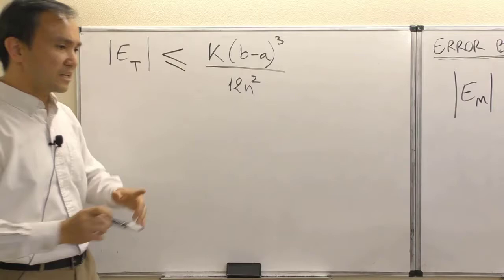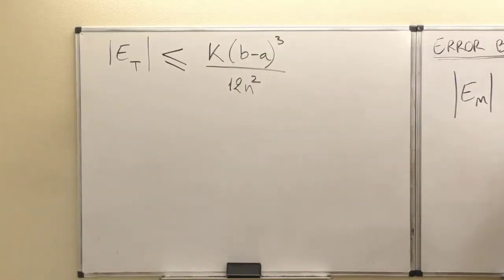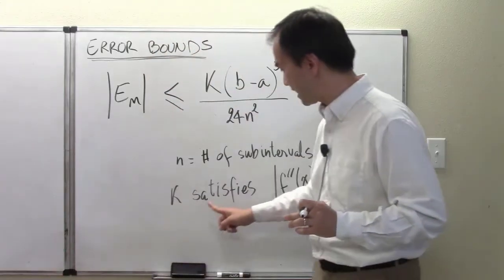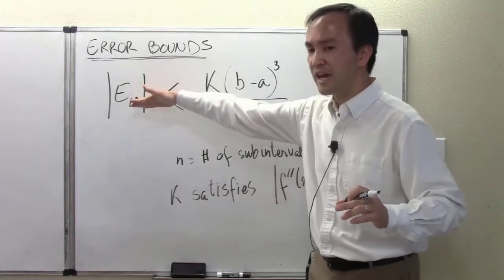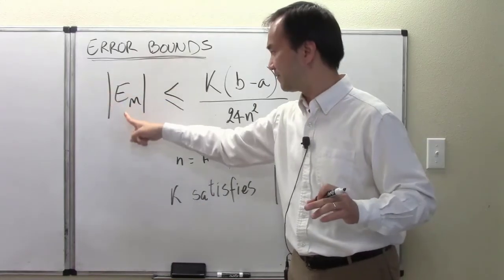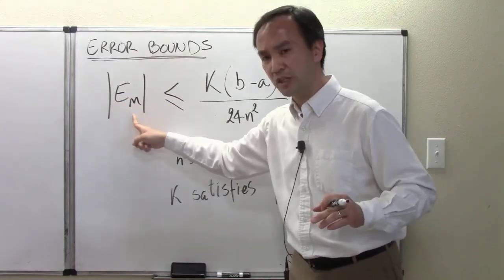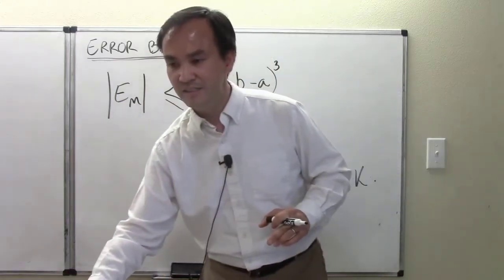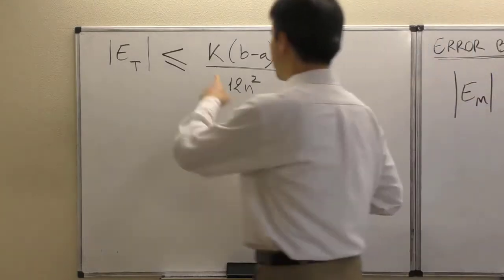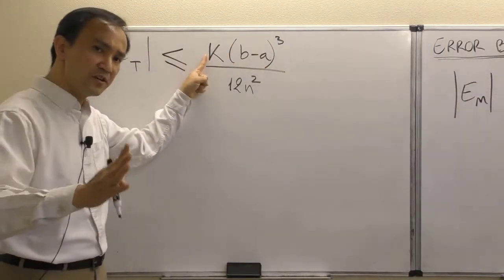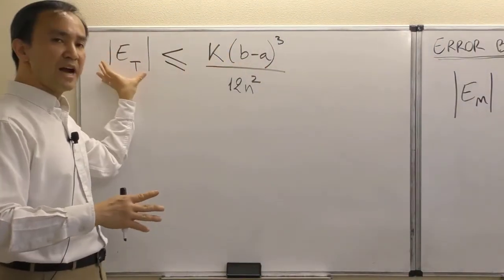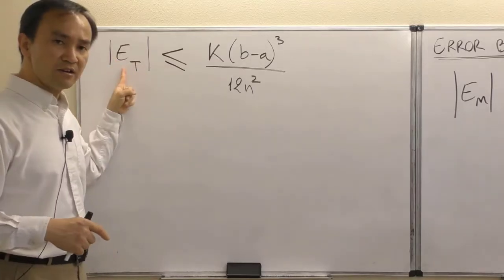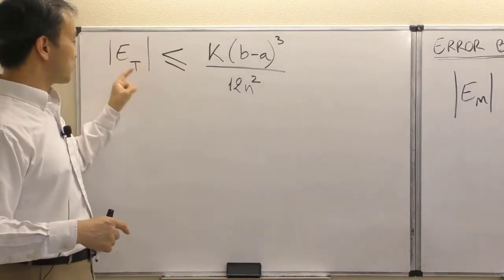once we already had a clear understanding of what that K was from the error bound formula for the error produced by the midpoint rule, this K right here, that same K, is proven to also be part of the error bound formula for the amount of error produced by the trapezoid method.